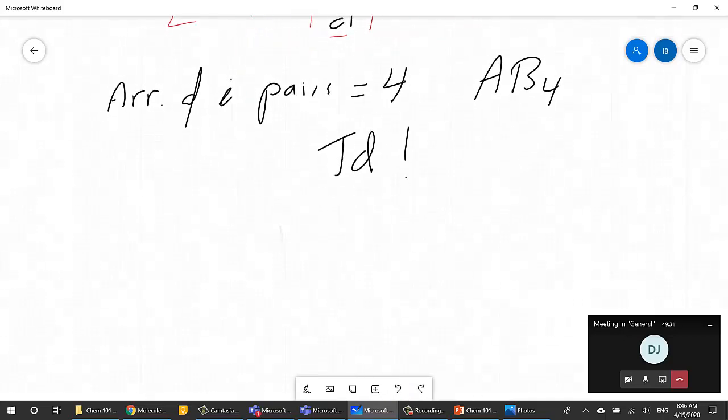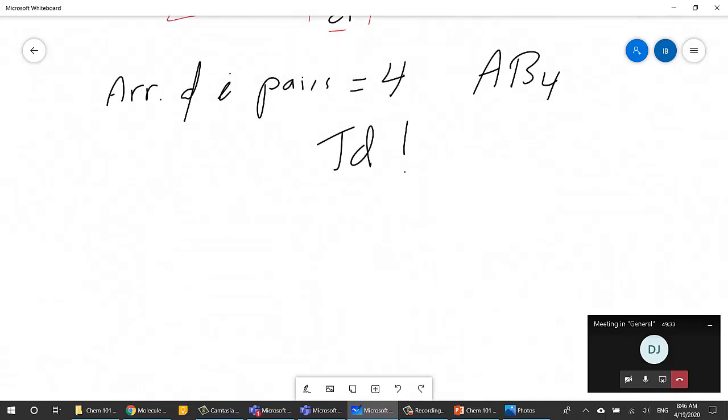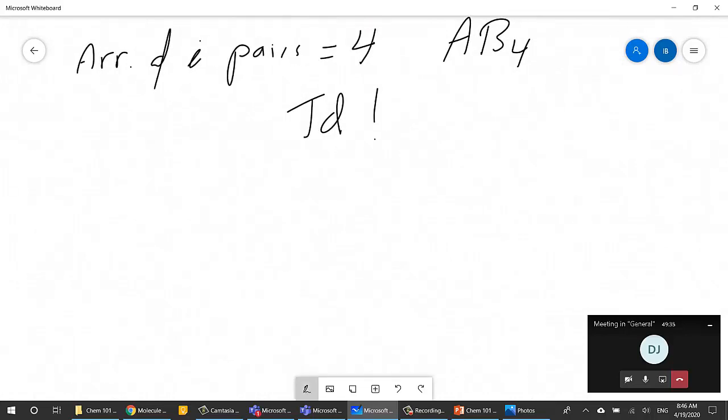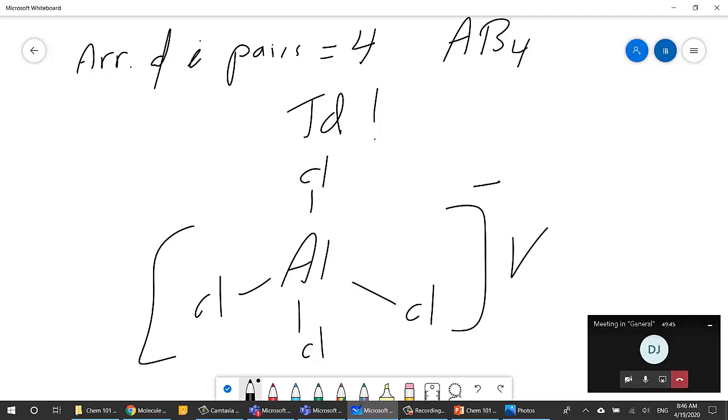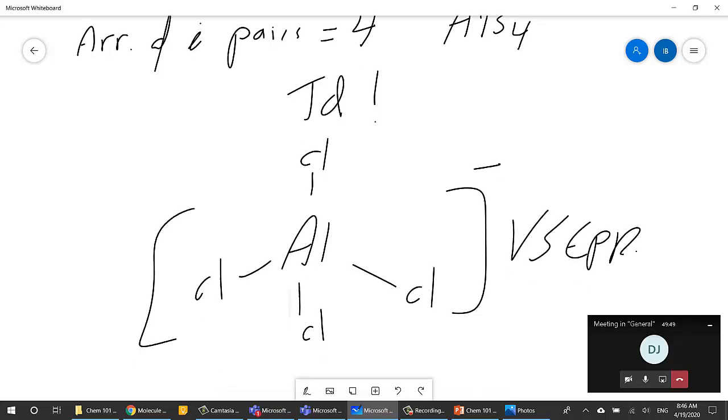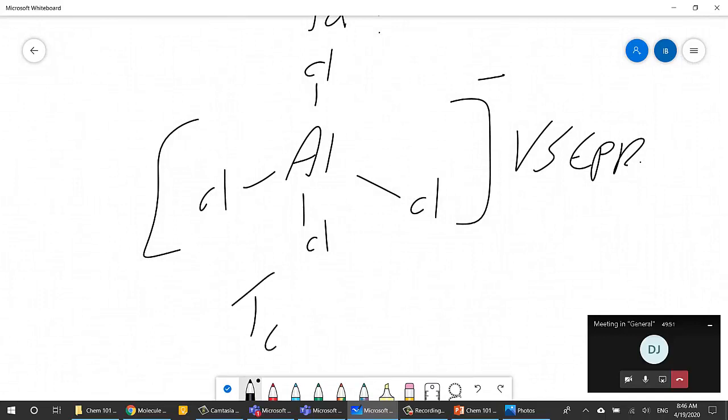and therefore expecting the geometry, you're gonna draw Al here, maybe Cl at the top, Cl here, and Cl there, and this whole thing is minus, and this is the VSEPR structure, and you know that the shape now is actually a tetrahedral again. So this is just like methane, okay?